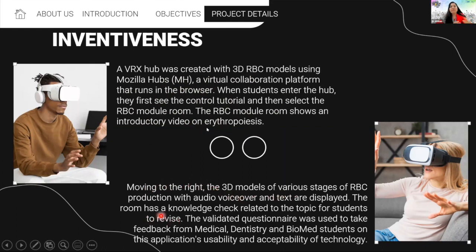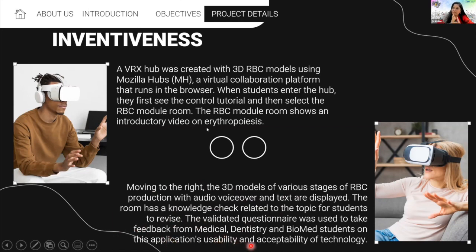Also there is an introductory video on erythropoiesis that shows the full erythropoiesis first, and then they can move to 3D models of various stages of red blood cell production, with voiceover, and the text is also displayed.